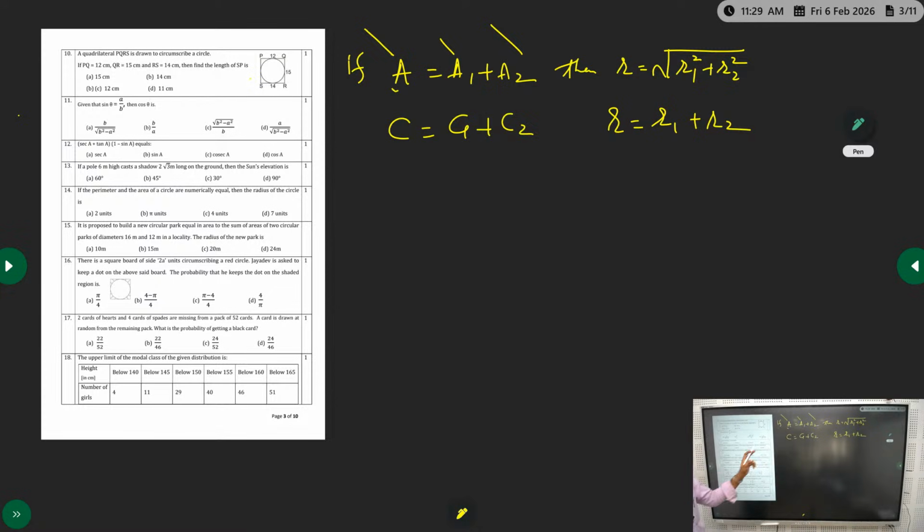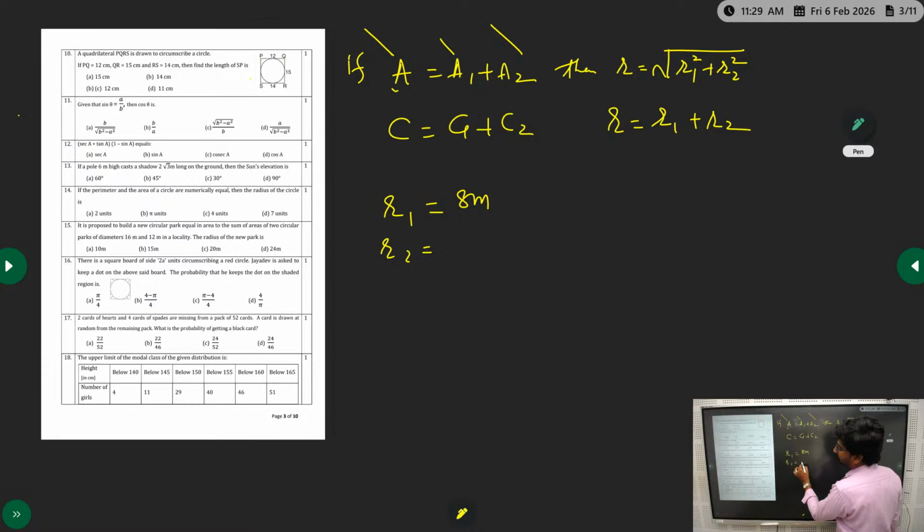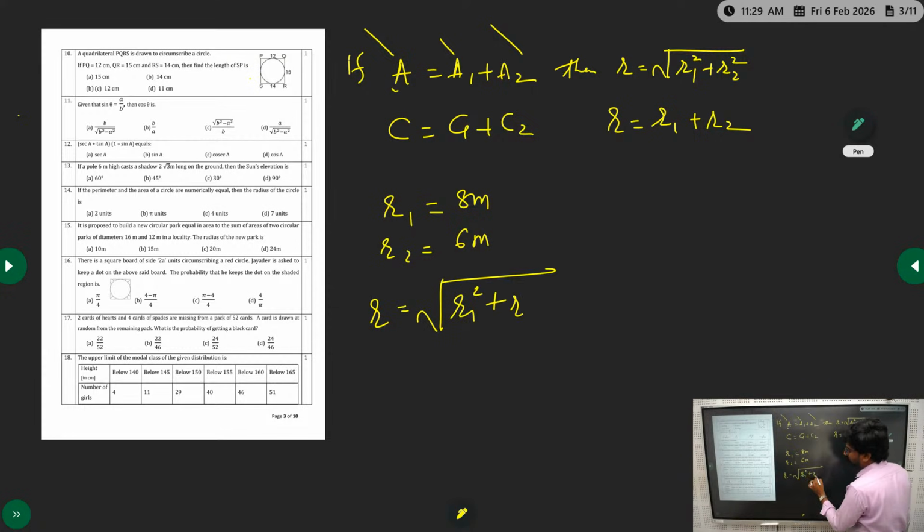The first park diameter they give 16 meter. Then what is radius? R1 is how much? 8 meters. R2 is 6 meter. Area only they are asking. Radius of new circular park. R is equal to under root R1 square plus R2 square.